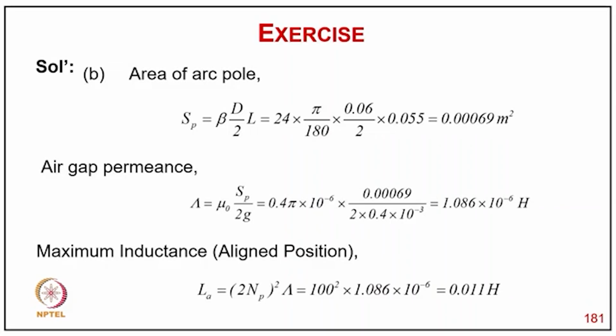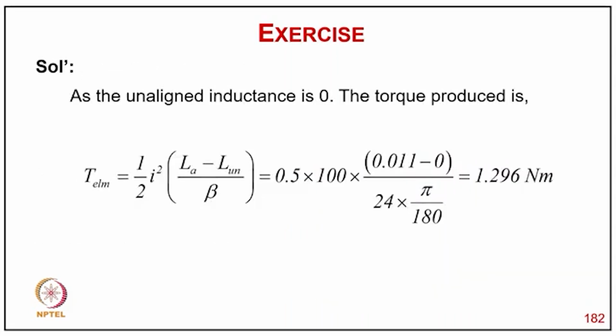So putting values it comes 1.086 x 10^-6, and maximum aligned inductance L equal to Np square eta. So it comes 0.11 or 11 millihenry, and unaligned inductance, the torque 0. The torque produced T equal to half I square dL, and putting values 1.296 Newton meter.